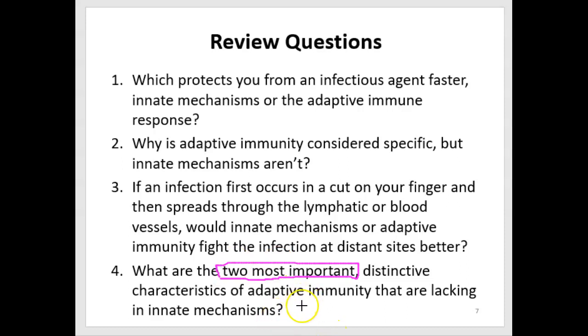And they are specificity and memory. Those 2 features, specificity and memory, are distinctive characteristics of adaptive immunity. Resistance doesn't have those. But I would argue that systemic is also maybe another one. But the other 2 are the ones that people classically think of.